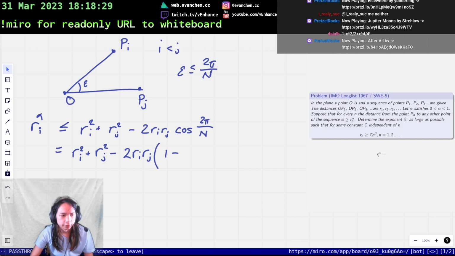So when I take the Taylor series for cosine up to some error, this is going to be (r_i minus r_j) all squared plus x squared over 2, r_i r_j times pi over N, so 2 pi over N all squared, plus some error that is O of N to the minus 4.